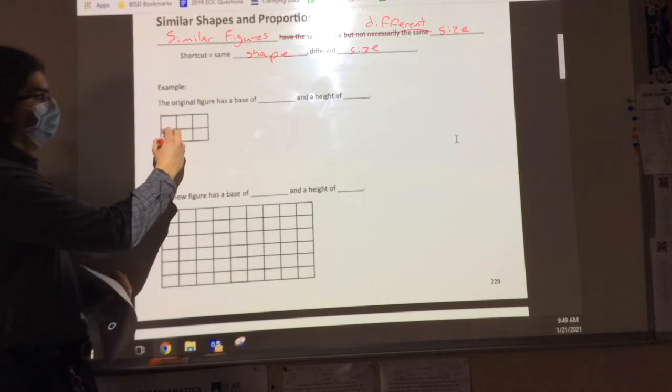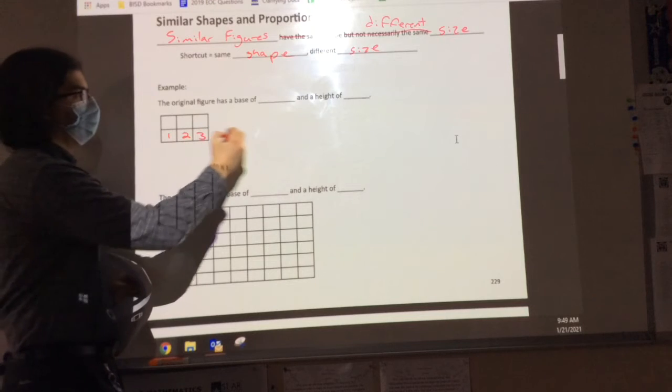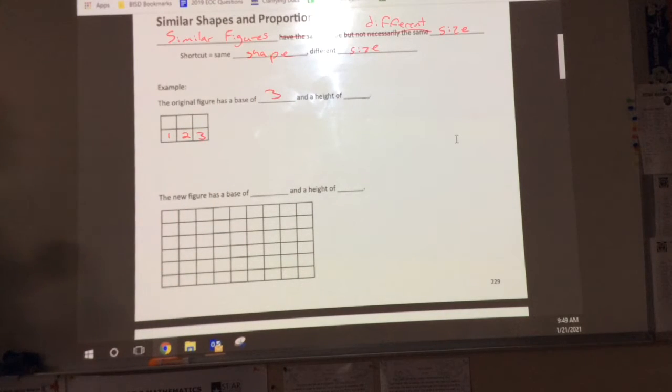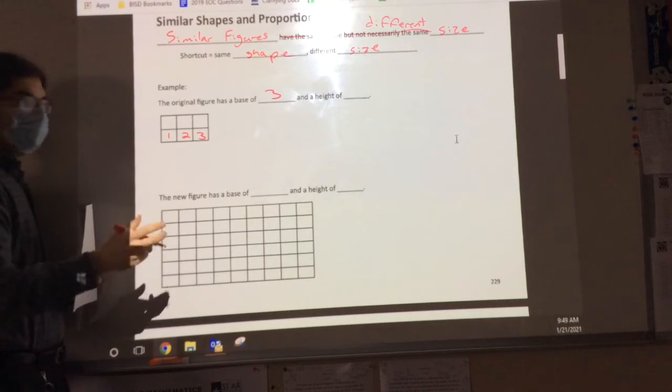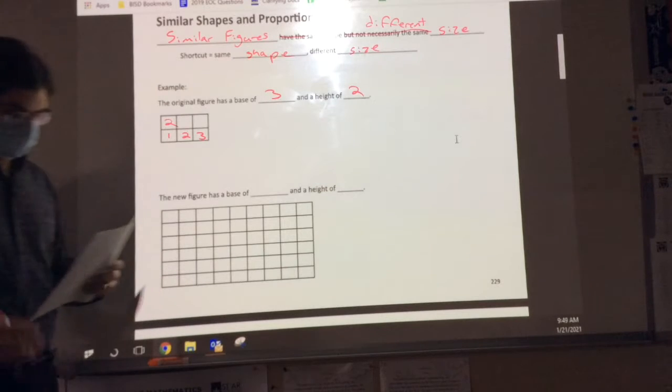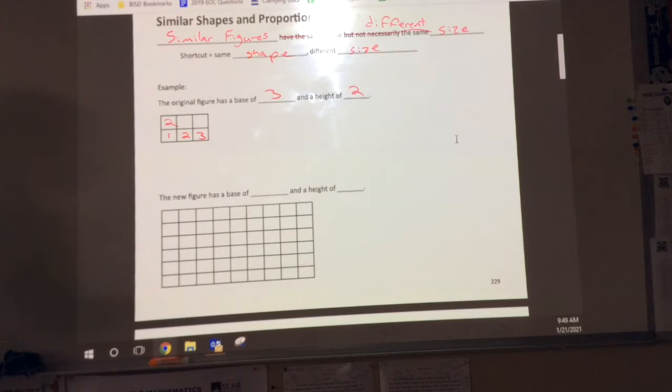Yeah. 1, 2, 3. Are we good there? All right, what do you think the height of this figure is? 2. Can we all agree with that? Yeah. Okay.